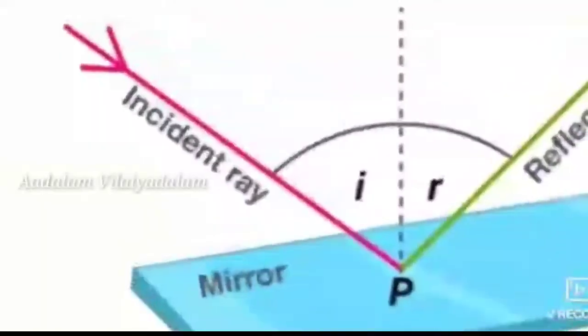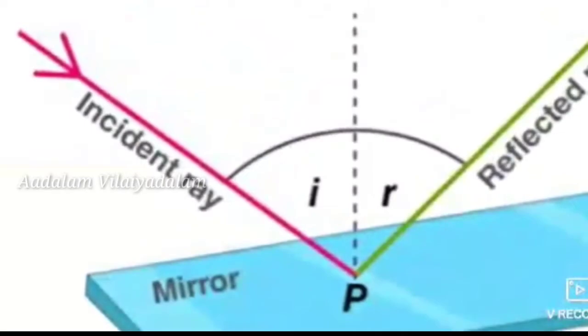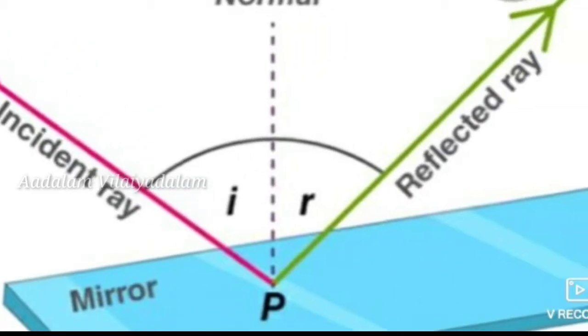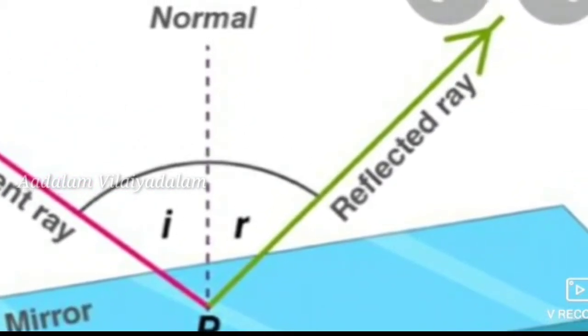Here in this picture, the pink arrow represents the incident ray. It falls on the smooth surface from an object. That is known as the incident ray.